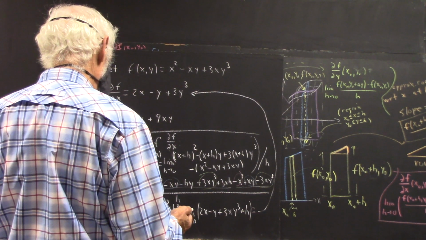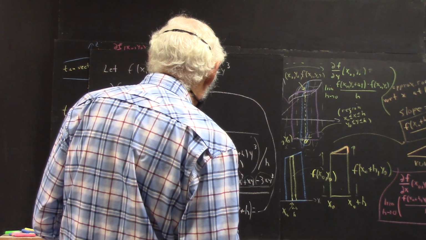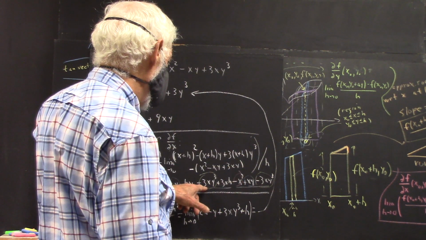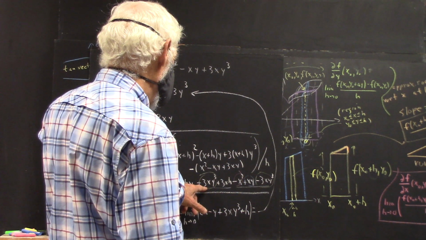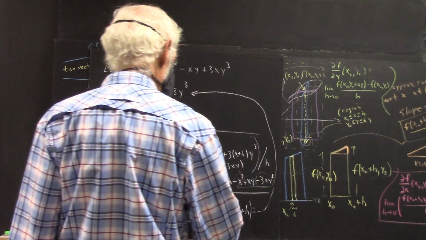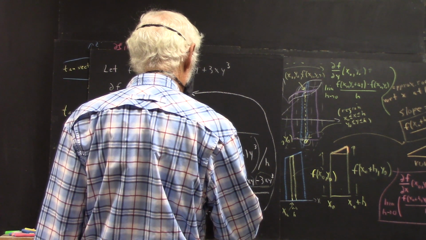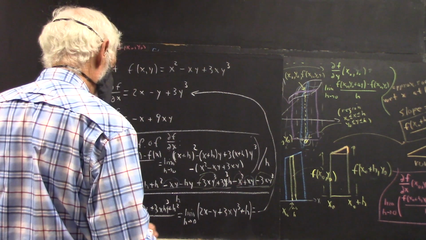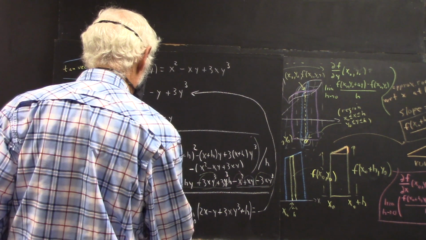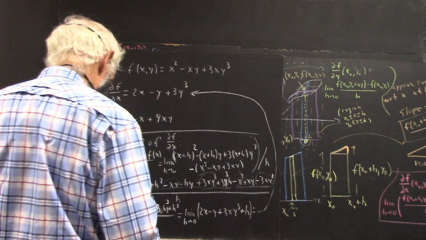And there's no x in it. So where should that go? I've got 3xy cubed here. And then I got 3xh. And it should be 3hy cubed. So it'd be a 3hy cubed. Let me rewrite that to make it look better.